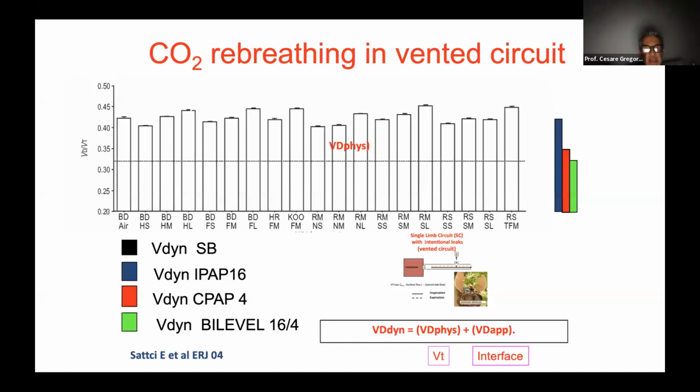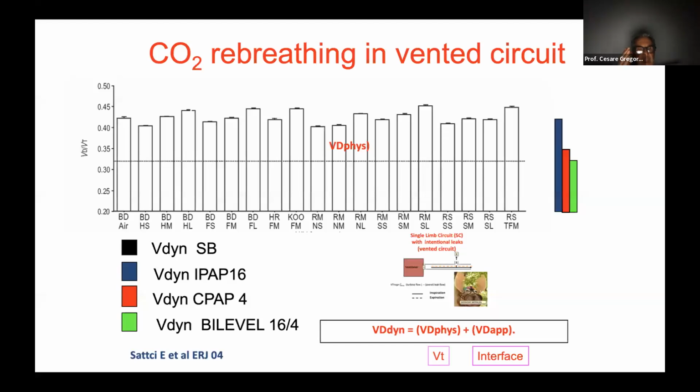The dynamic dead space is the sum of the physiological dead space, namely the tidal volume, plus, for example, the space of the interface. So in this study, they compared the dead space of the mask, okay, the system without any flow inside.